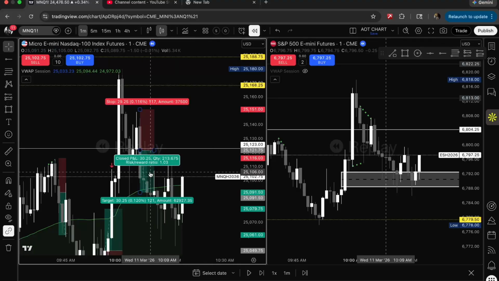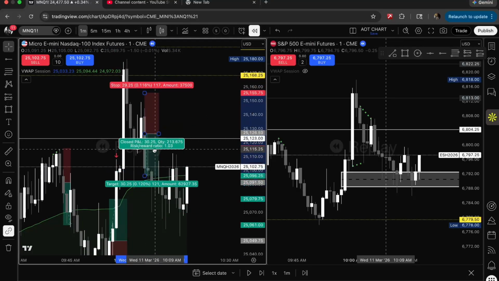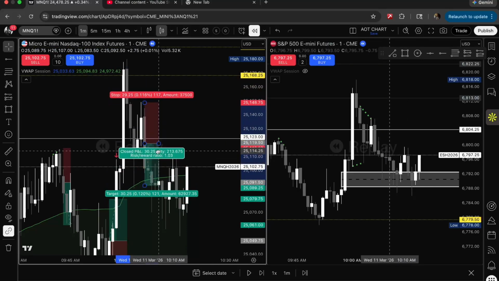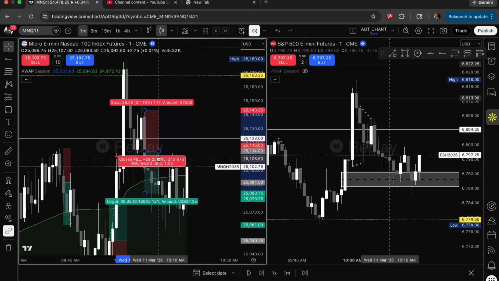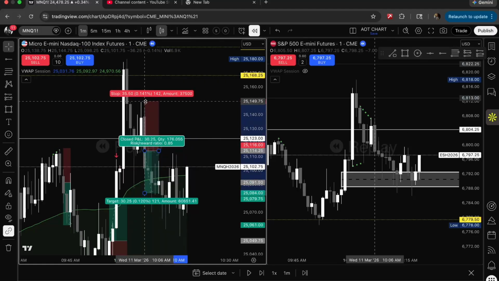Even if you missed this entry, first of all, we really shouldn't miss it. If price displaces like this, OD, and it makes sense to enter, and we don't enter, that's kind of like, bro, we tripping.